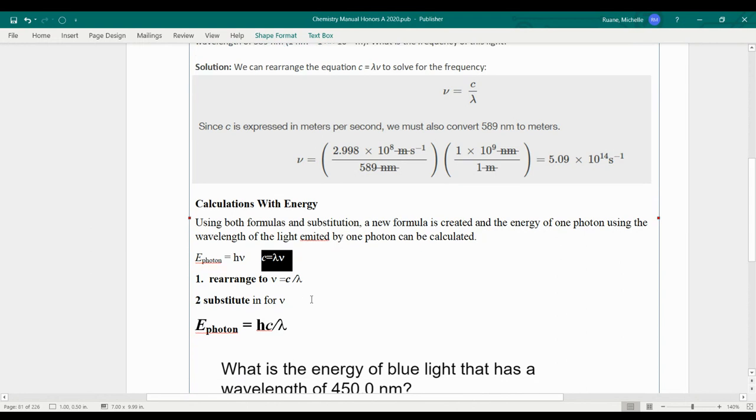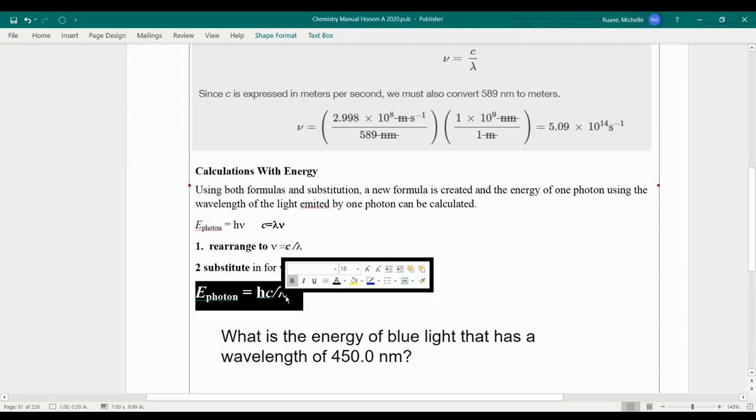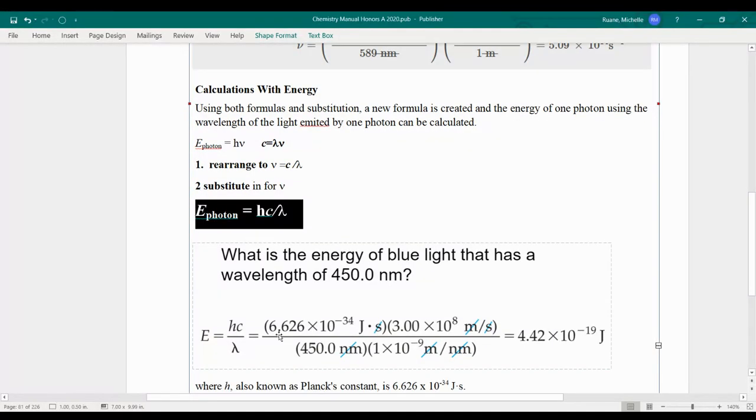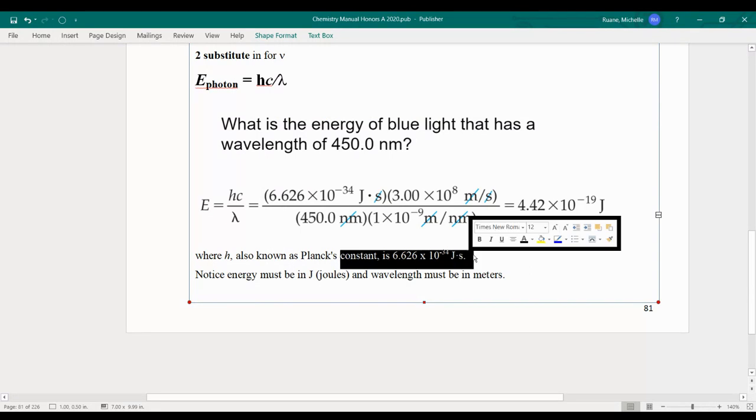So if we rearrange and substitute back in for frequency, we can get the energy of that photon related to its wavelength. And h is Planck's constant. That's a constant that's given to you. Actually, I have Planck's constant down here, just so you know.